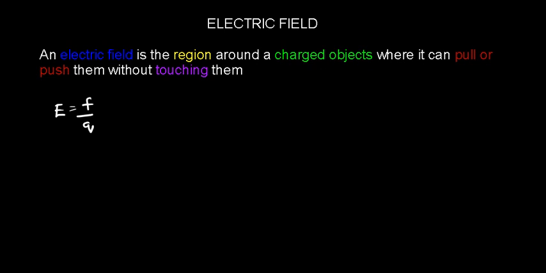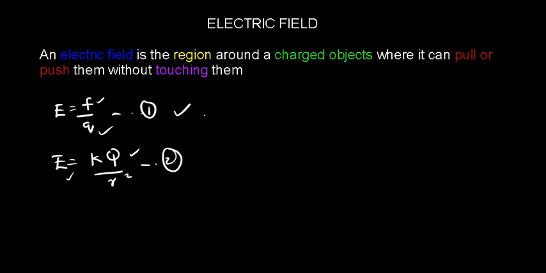Then we have E equals KQ over R squared. So this first equation tells us that electric field is the force per unit charge, while the second one tells us how the field depends on the charge and the distance.